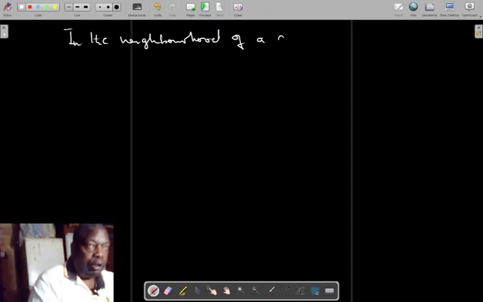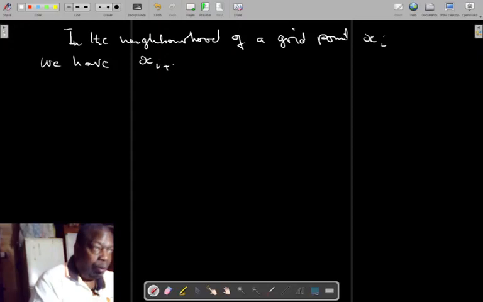So in the neighborhood of a node or a grid point xi, we have a grid point xi plus 1 and a grid point xi minus 1.